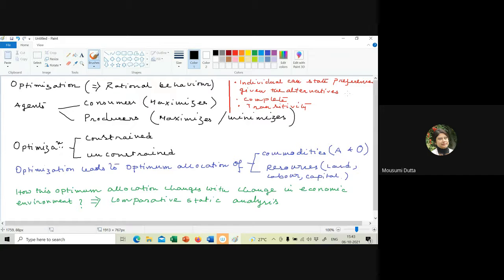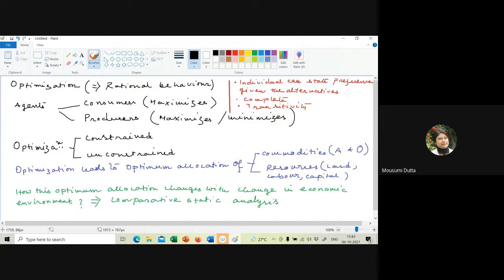On the other hand, if you are given a basket of resources, you will be able to identify, as a producer, which of the resources will be most helpful for your best practices. So given the alternatives, I'll be able to choose, number one. Number two, my choice will be complete in nature.